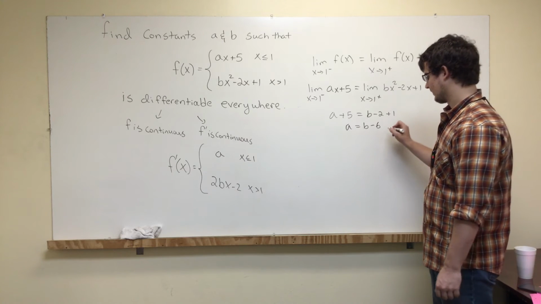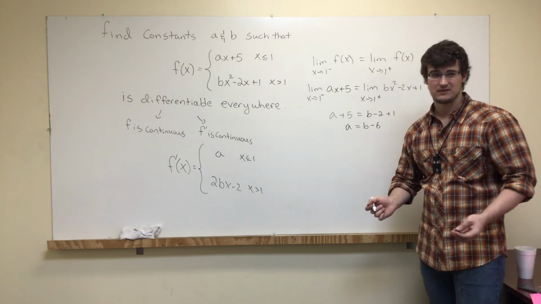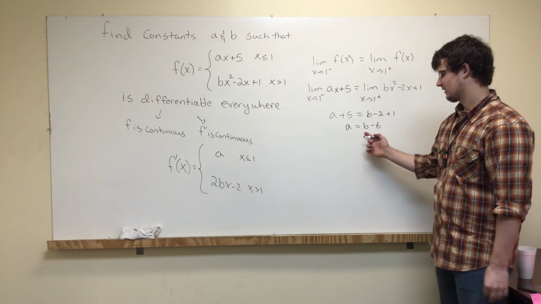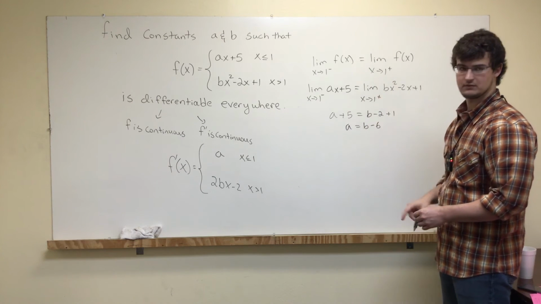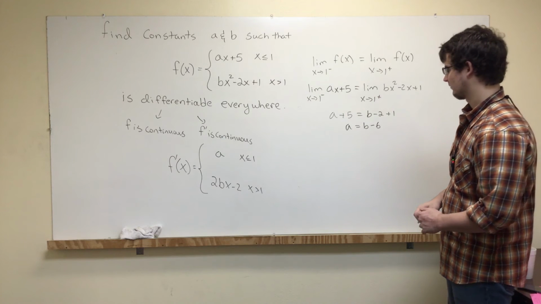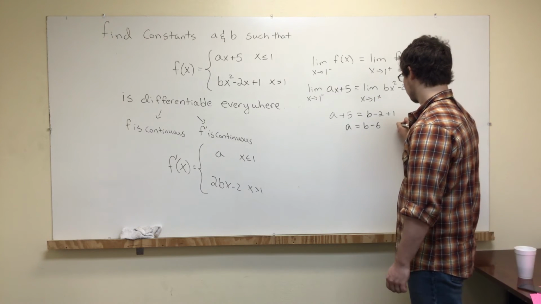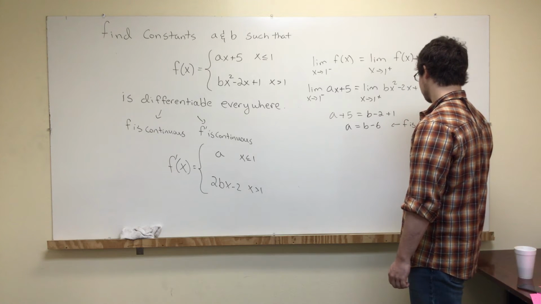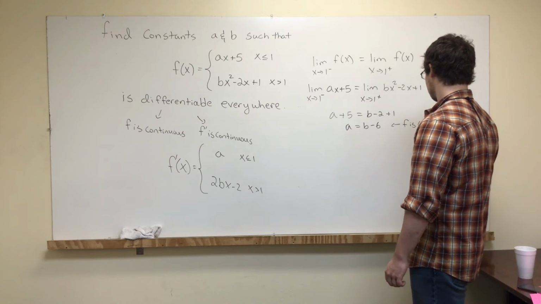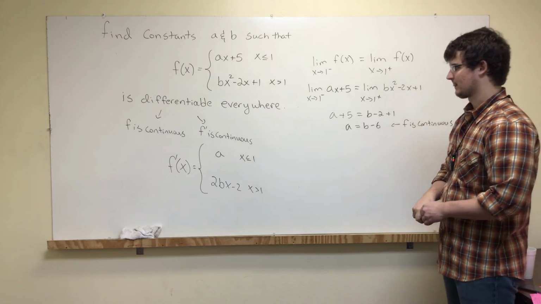Alright. Now, this doesn't let me finish the problem because I only have one equation, but I have two things I don't know. But as long as this is true, f should be continuous. Alright. And I'll just note that over here.